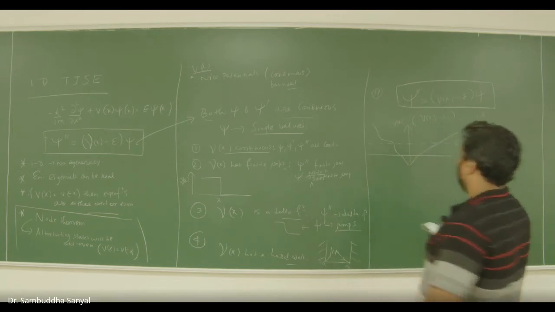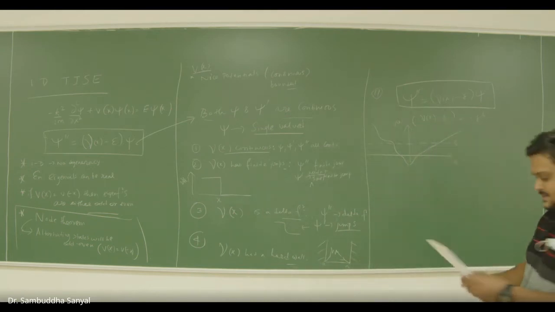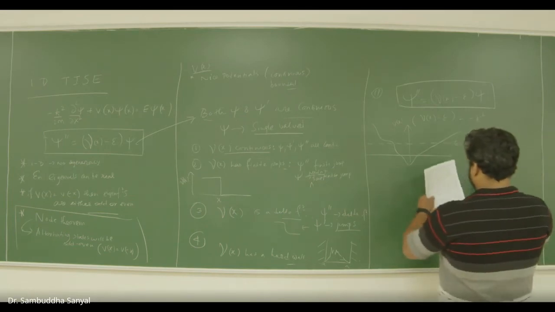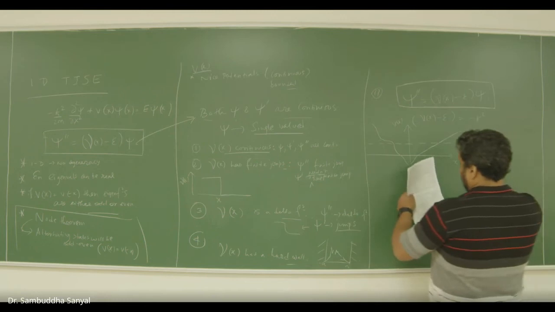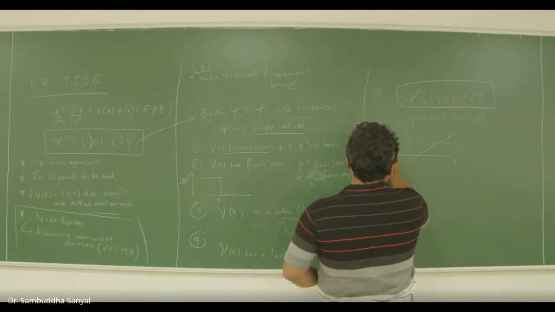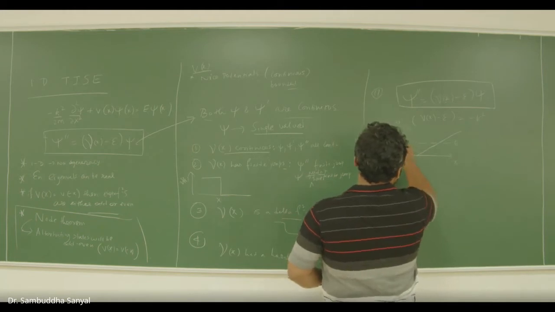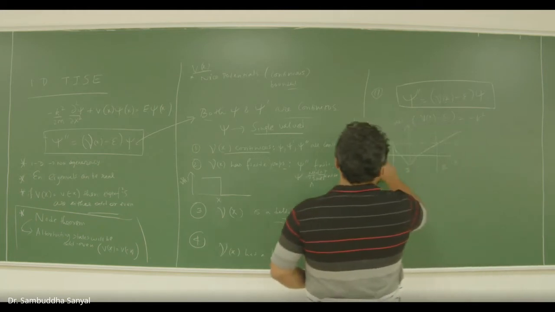Let's say this is the energy. If the energy is somewhere here, then there are three regimes. I call this regime 1, this regime 2, which is between this and this point, and this regime 3.